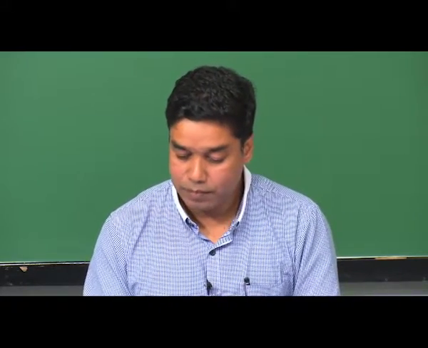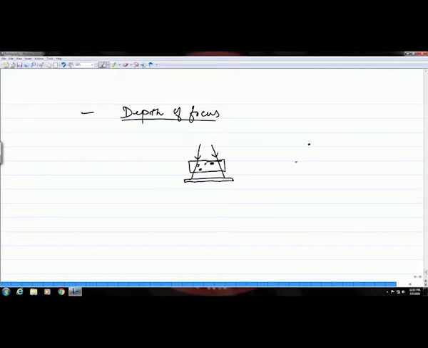On the other hand, if you have a point source, since from the point source the rays are going to come like this, whatever comes within this region will be focused.